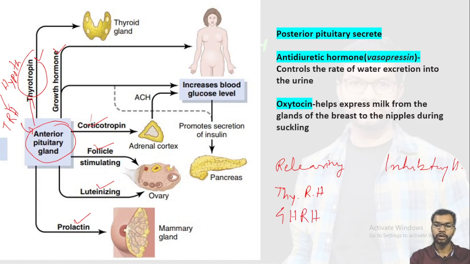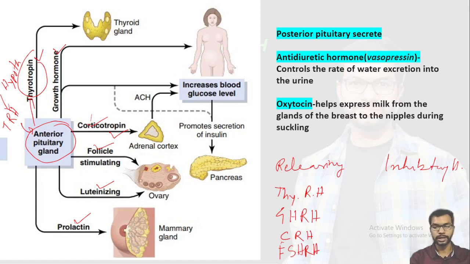One more time, growth hormone releasing hormone from the hypothalamus will stimulate the anterior pituitary gland to release growth hormone. Then corticotrophin releasing hormone also acts on the anterior pituitary to release corticotrophin. Then follicle stimulating hormone releasing hormone from the hypothalamus will act on the anterior pituitary to release follicle stimulating hormone.